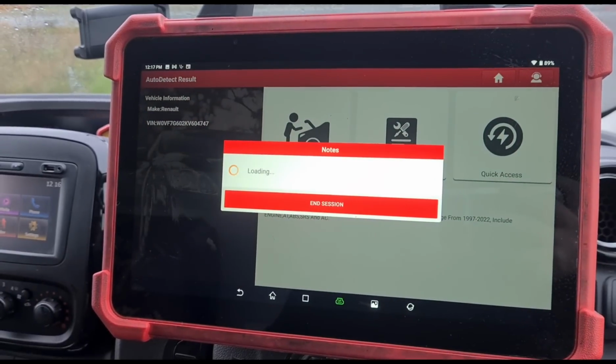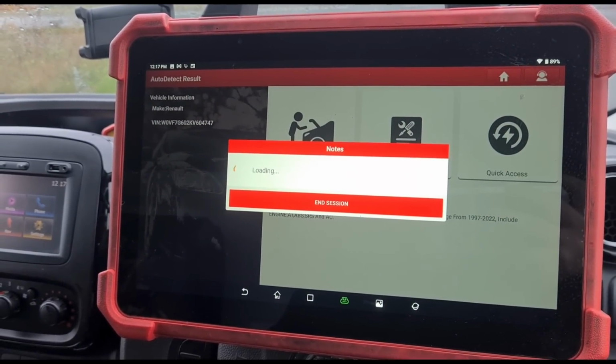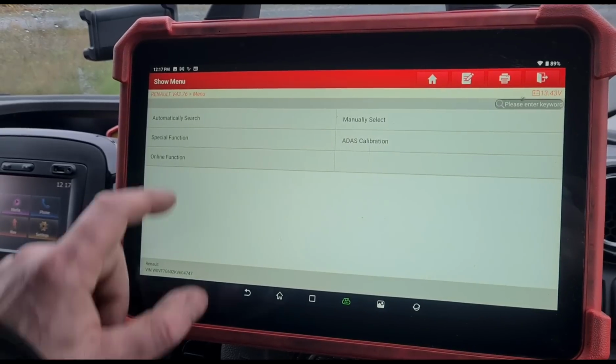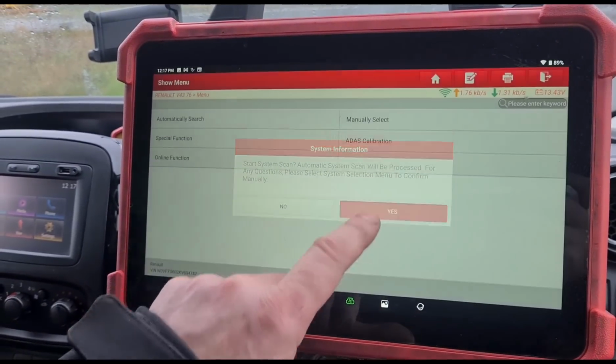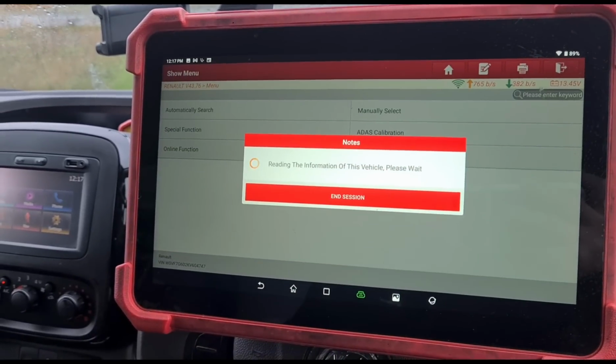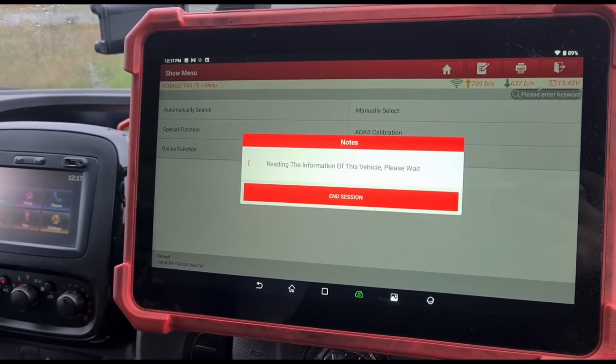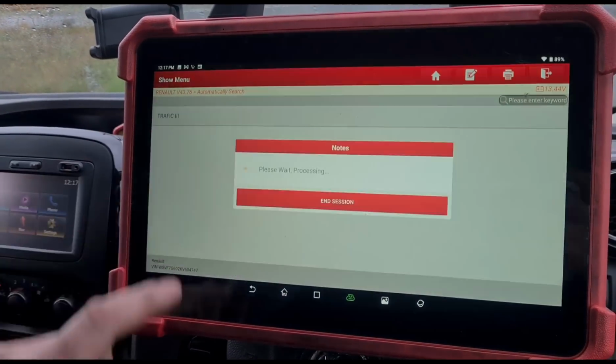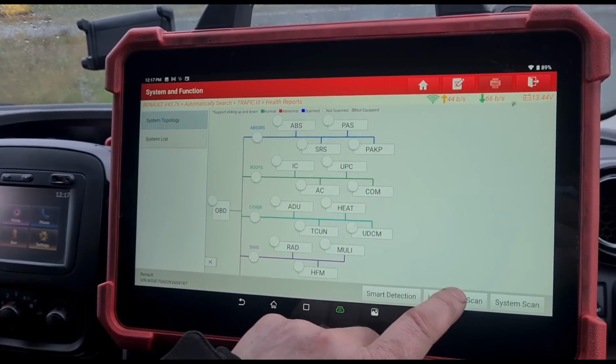Diagnostic. Automatic search. Now it won't ask me to pick what sort of engine it's got, because it seems to be just more accurate when you do it as a Renault. It just knows. High speed scan.